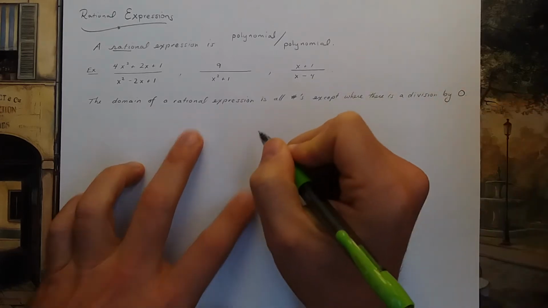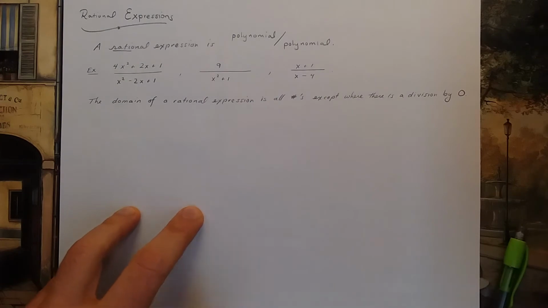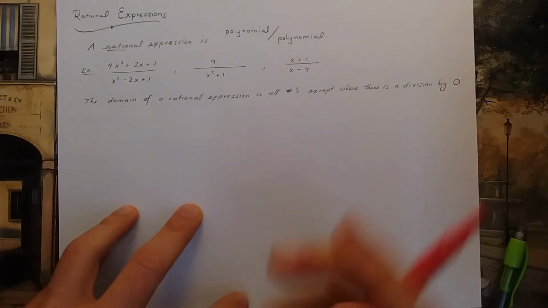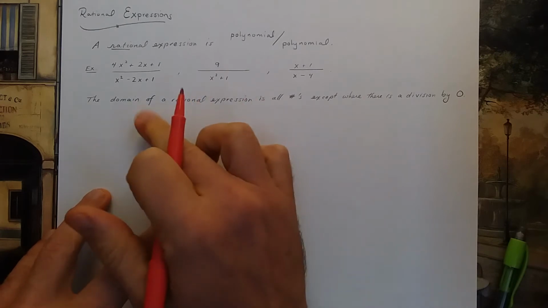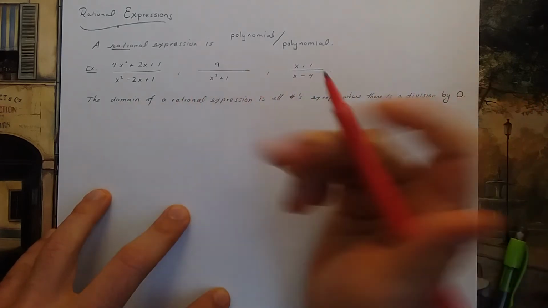We can't divide by 0, and therefore I don't want to plug in any numbers for x that would cause the division by 0. So the domain is all numbers except where that happens.